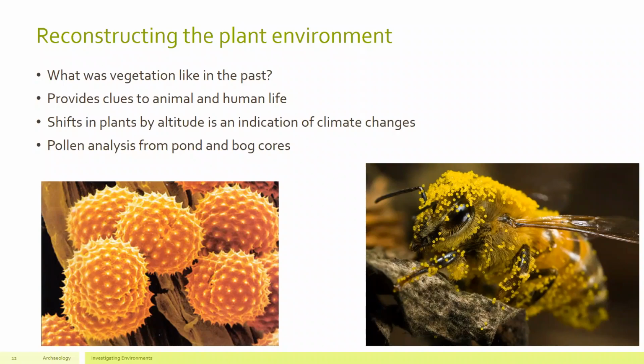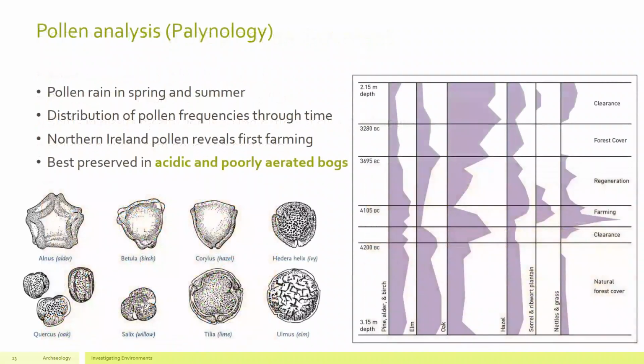You want it to be a place where pollen can rain down on the pond or the bog and then settle to the bottom and be preserved in the stratified layers of a bog or pond. So in pollen analysis, we would call this palynology. Pollen rain occurs mostly during the spring and summer, so it tends to be seasonal, and it preserves a distribution of pollen frequencies through time.